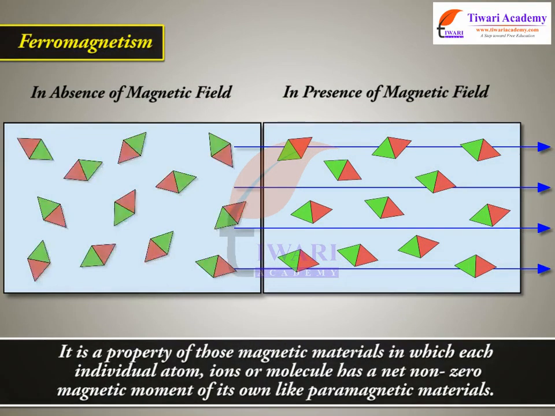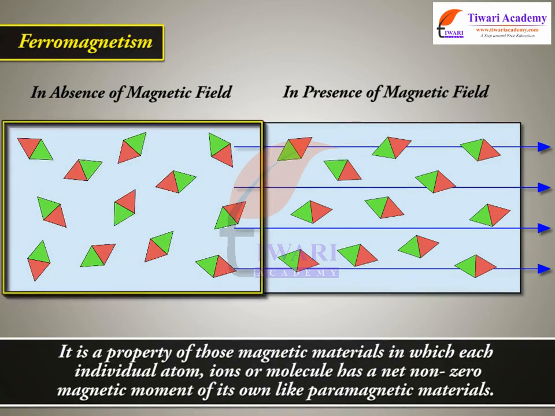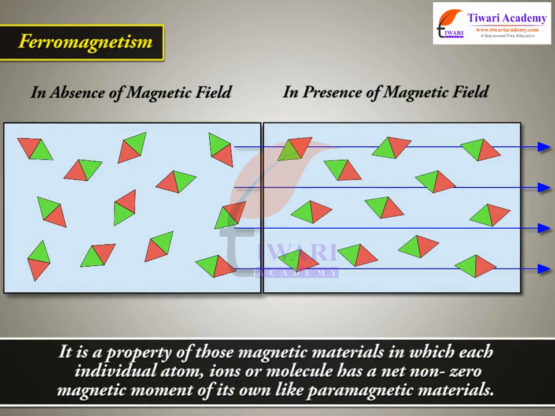Ferromagnetism. It is a property of those magnetic materials in which each individual atom, ion, or molecule has a net non-zero magnetic moment of its own, like paramagnetic materials.